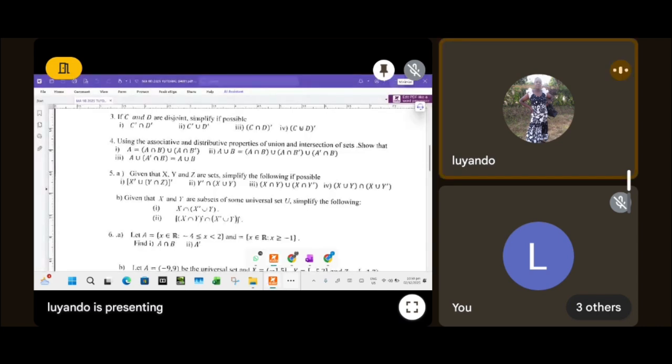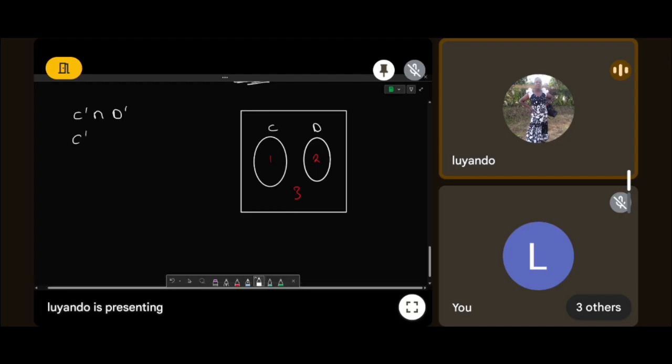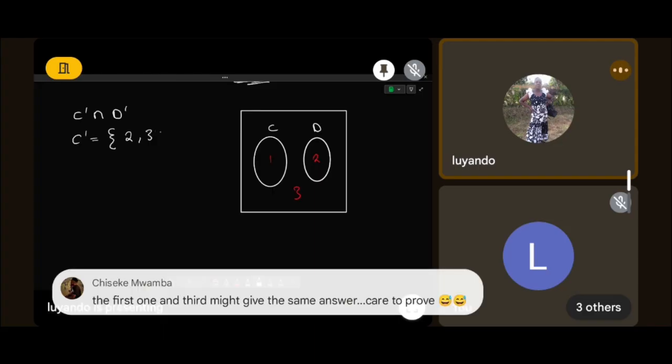If we were to write C complement, we get the elements that are not in C, and we see that in C we do not have 2, and we also do not have 3.